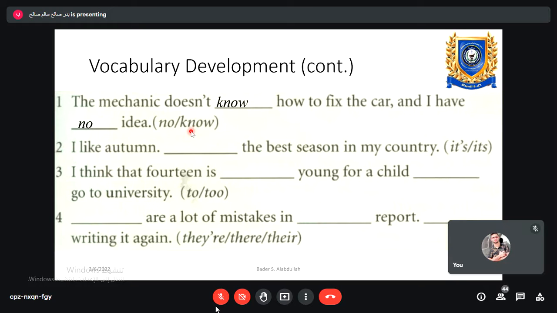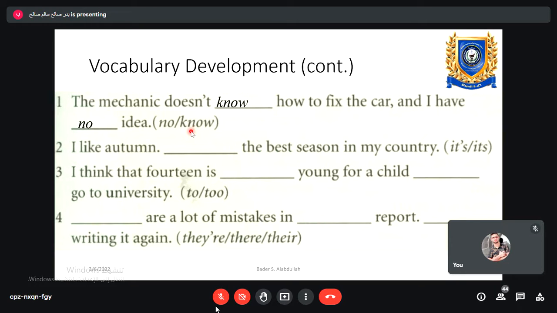As you can see, if you don't see them, you might mix them up. You might misspell them because they sound the same. Both of them sound the same, but they have different spelling and different meaning.